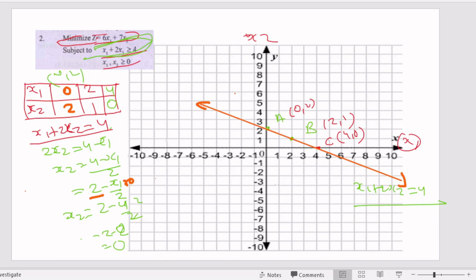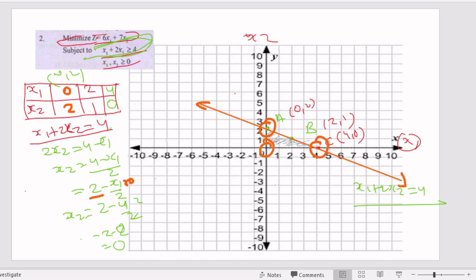So let's see the first condition. First condition says x1 plus 2x2 greater than or equal to 4. Second condition, x1, x2 greater than or equal to 0. When I say greater than or equal to 0, you should be like this, this region. So single line, right? This region, you got it. How many points do you get on this region? This point and this point.